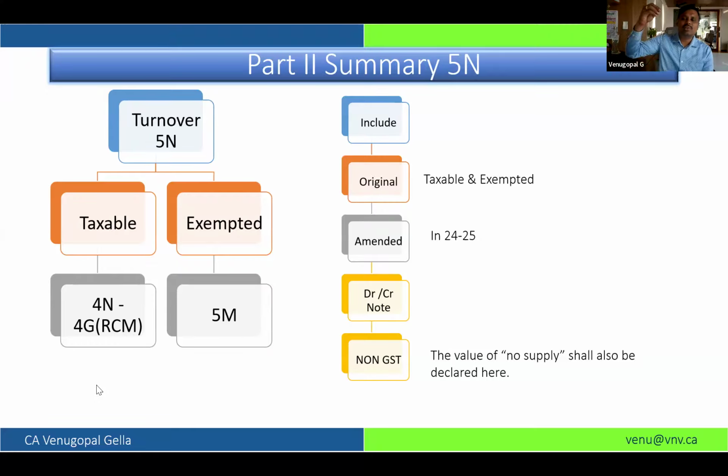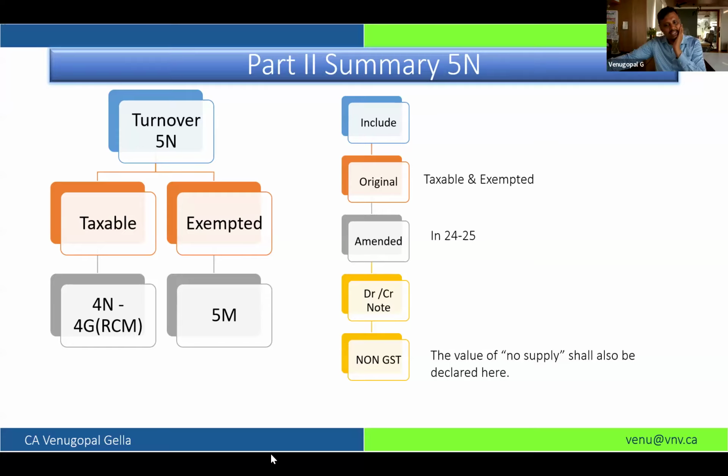Anything you think is not even part of GST but is there in your other income, like interest received on IT refund, some miscellaneous income, some credit came into the bank, you didn't know your part, you put it into other income. Yeah. Here, the only change, maybe Ashika, you write that 4N minus 4G and 4G1 in the PPT.